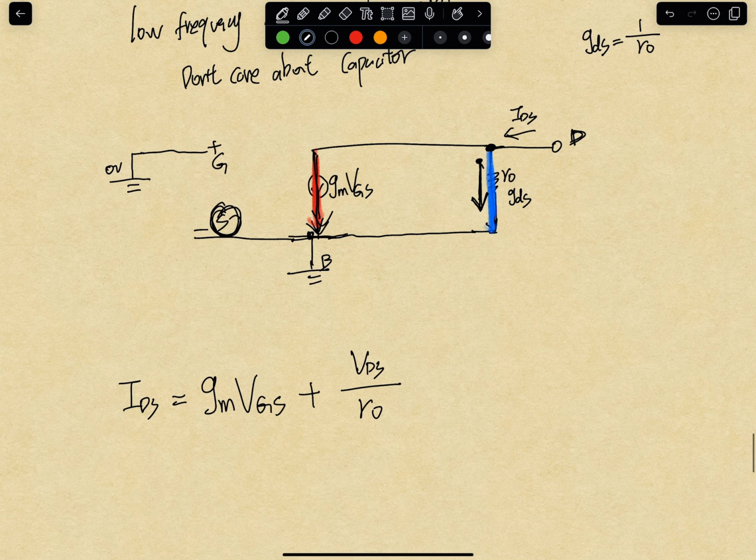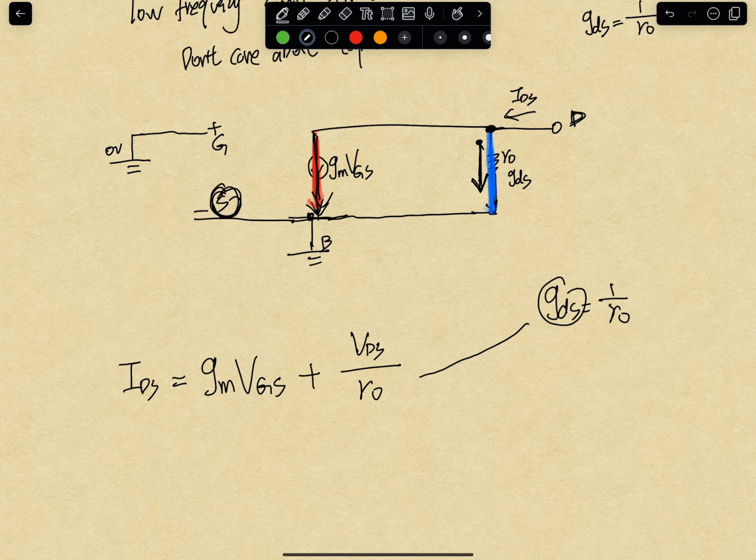Another way to say that, because GDS is equal to 1 over RO, it will equal GDS VDS. Some textbooks use RO, some use GDS.